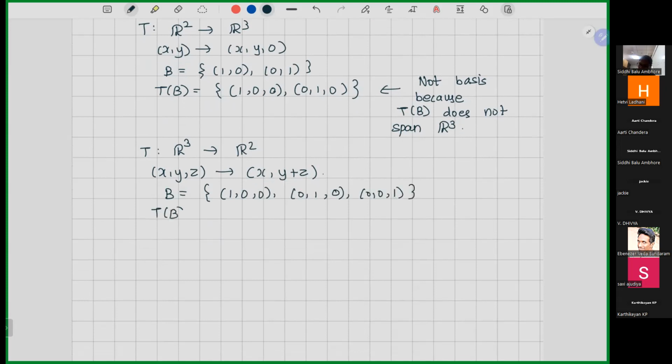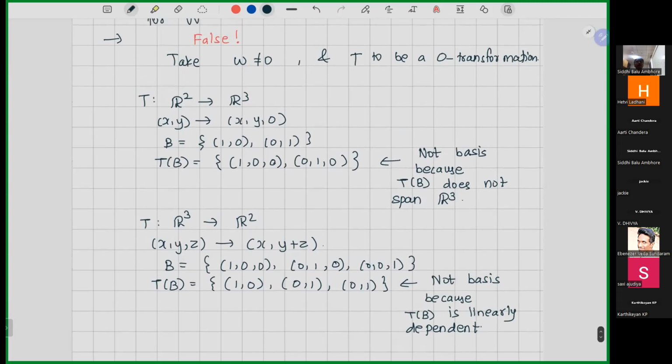Then T(B) will be what? (1, 0), (0, 1) and (0, 1). And is this a basis of R2? No. And the reason being, exactly, T(B) is linearly dependent here.